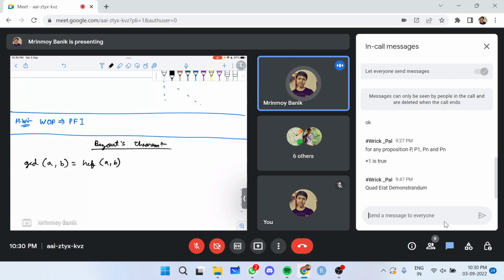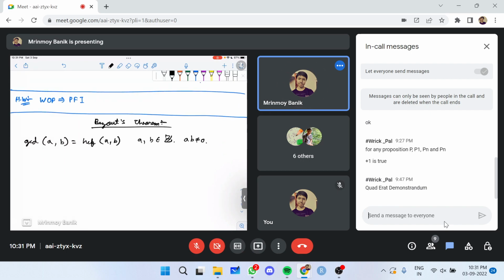So Bezout's theorem says if A and B are integers, not naturals, okay, integers, and both are not zero, so A not equal to zero or B not equal to zero, then there exist X and Y such that GCD of A, B is equal to XA plus YB.